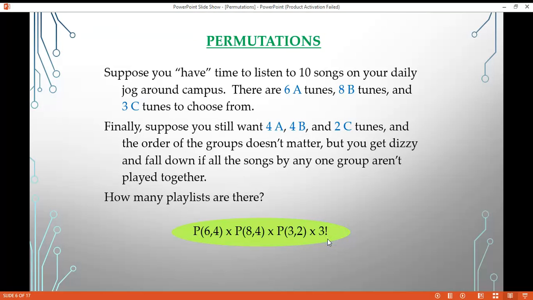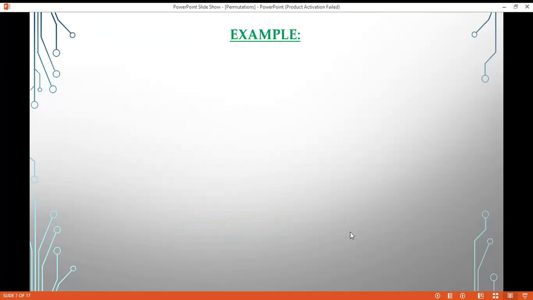Why do we take 3 factorial here? Because the order of the groups doesn't matter, so any group may be in any place, right? So we have the 3 factorial as well. If you use combination, you do not need this 3 factorial, because it is already included in the value for the combination. But according to permutation this will be.